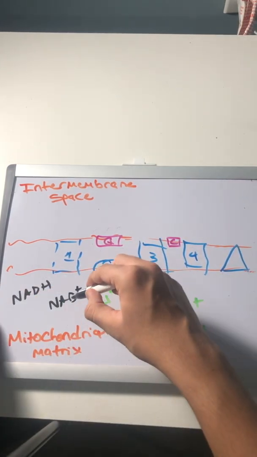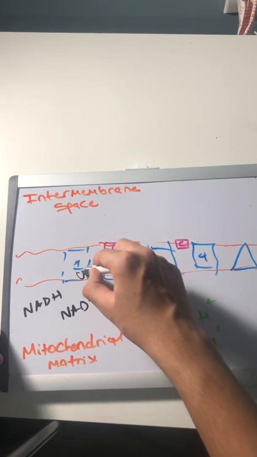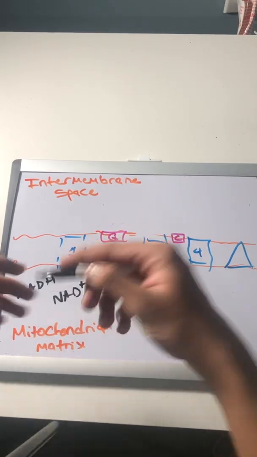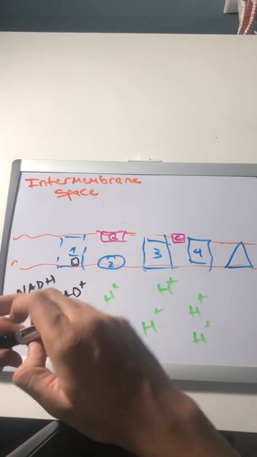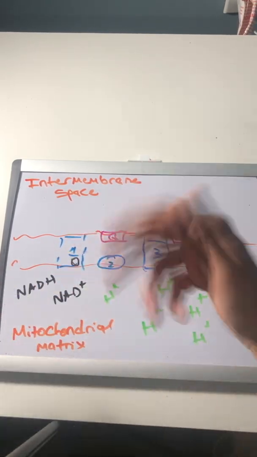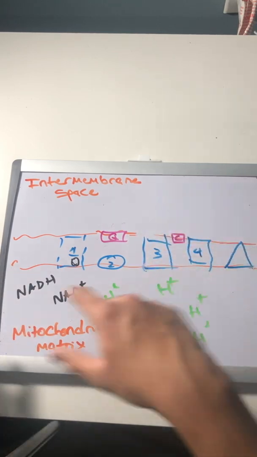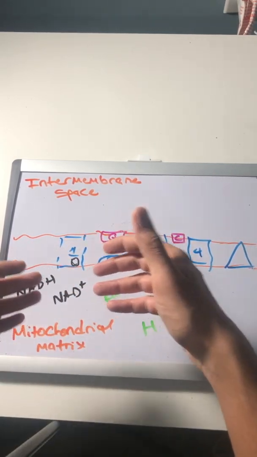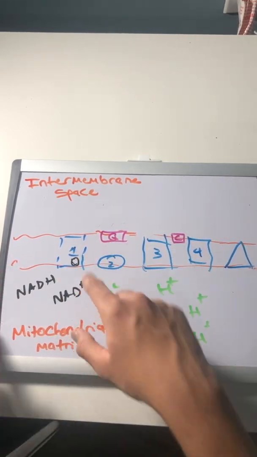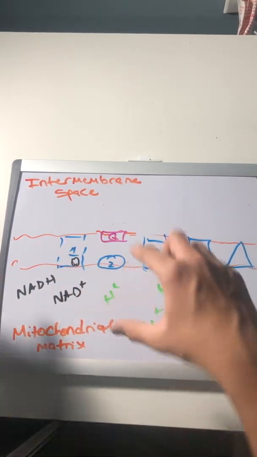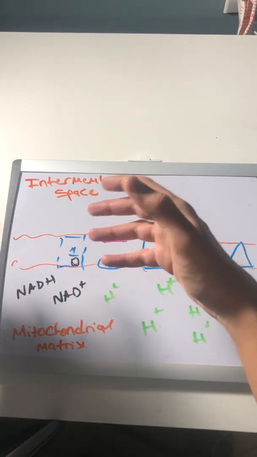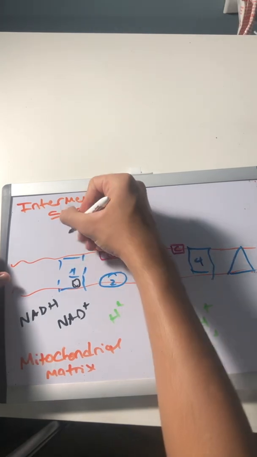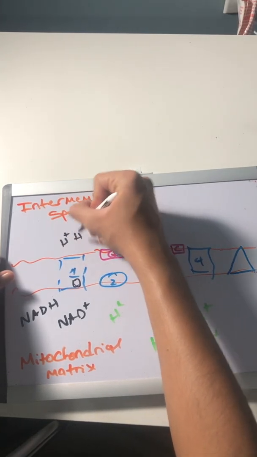That electron then goes into the first complex. Reduction means gaining an electron, and oxidizing means losing an electron. So NADH loses the electron, meaning it gets oxidized, and that electron goes into complex 1. Within complex 1, it becomes supercharged.